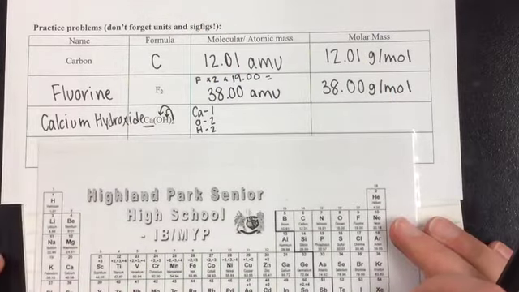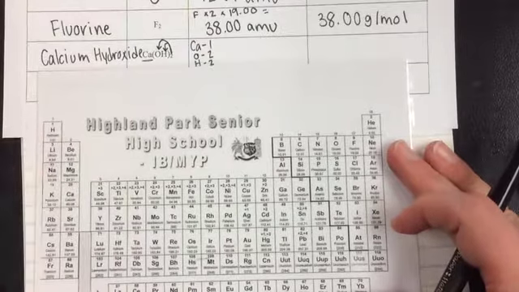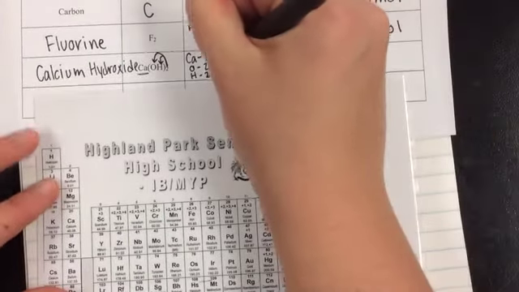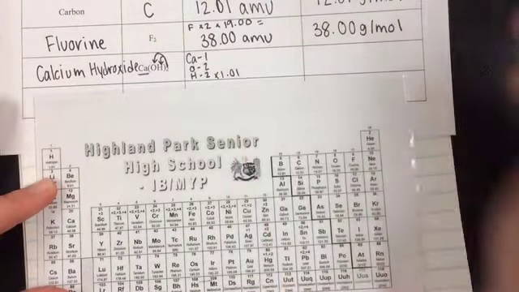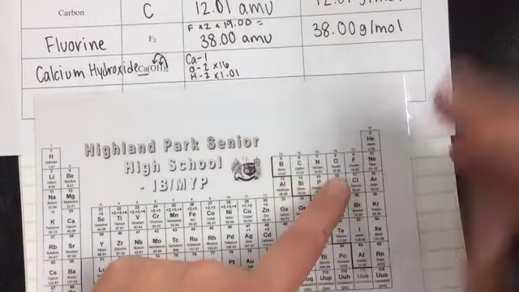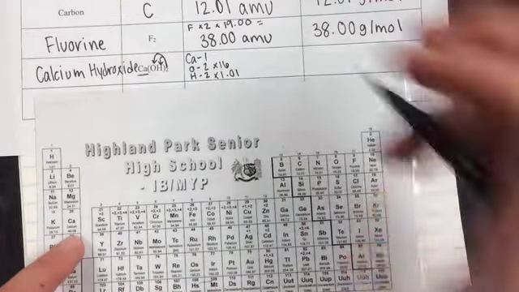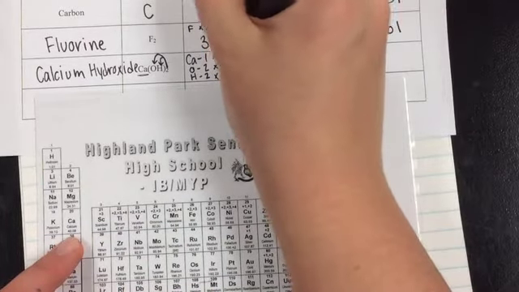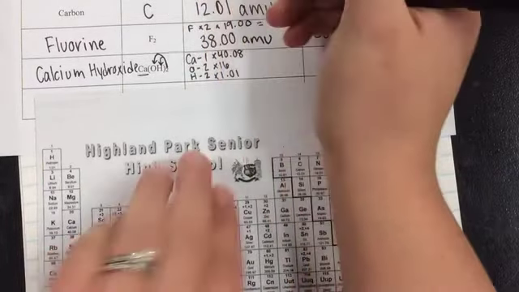Now I look up the different masses on the periodic table for each of the elements. Hydrogen is 1.01, so that's going to get multiplied by 2. Oxygen is 16.00, that's going to be multiplied by 2. And calcium is 40.08, that's going to just be multiplied by 1 because I only have 1 calcium.